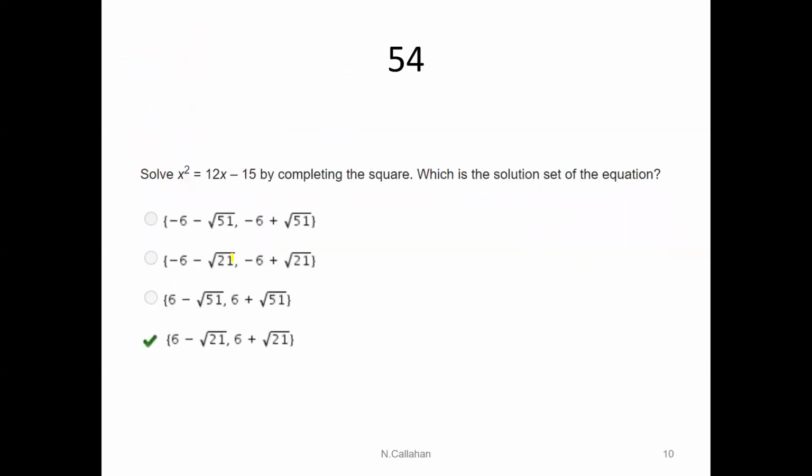Let's go to 54. Read the question. Look at the possible answers. Let's think about how you are going to approach this topic.